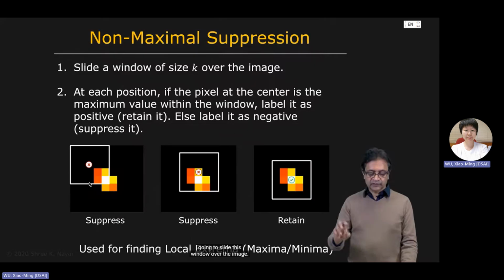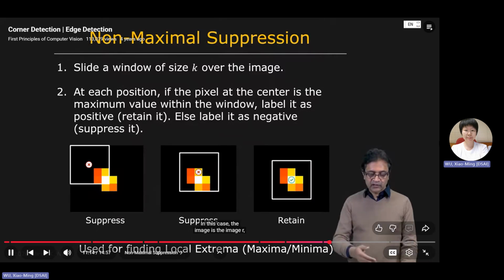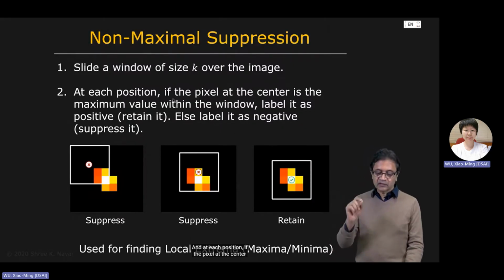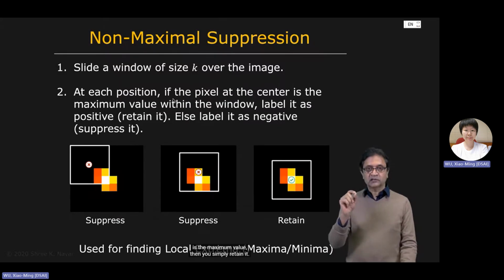Non-maximum suppression only keeps the peak value and sets the other ones to 0 if they're not peaks. In this case, the image is the image R, which is the response to the corner detector. At each position, if the pixel at the center is the maximum value, then you simply retain it.